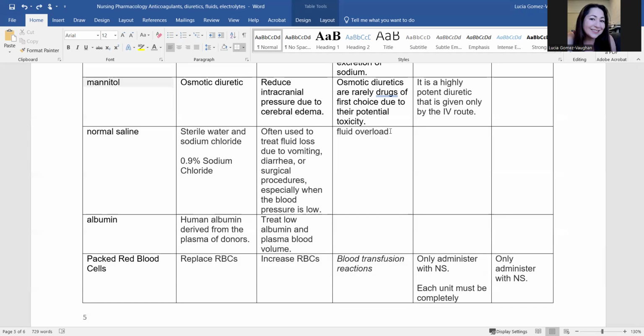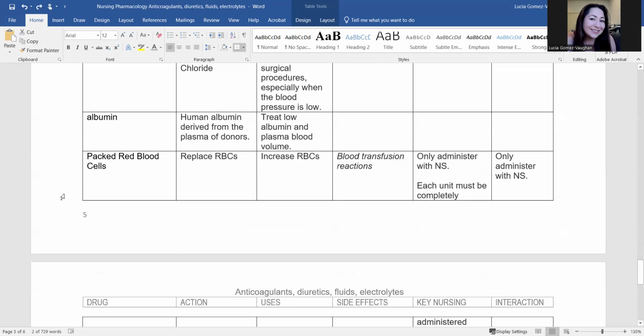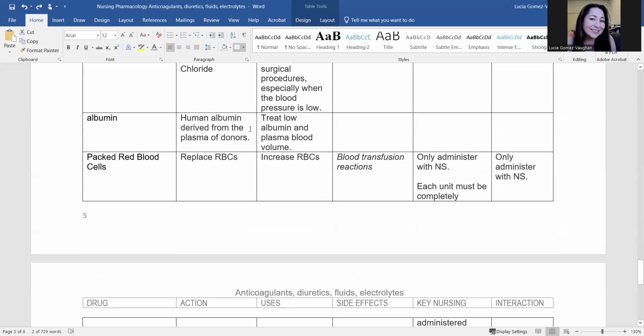A side effect that could possibly happen is fluid overload. So we have albumin. Human albumin is derived from the plasma of donors, and it's used to treat low albumin levels and low plasma blood volume.